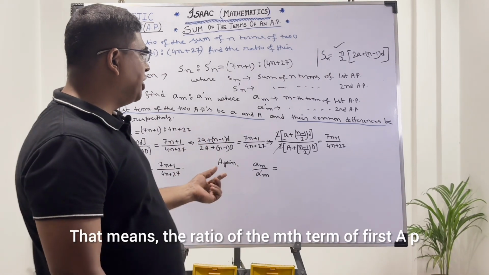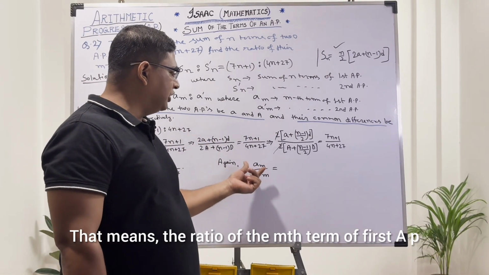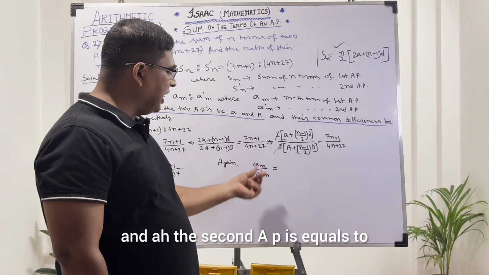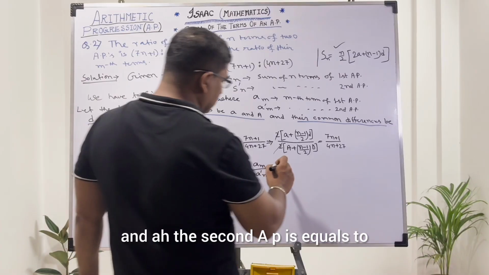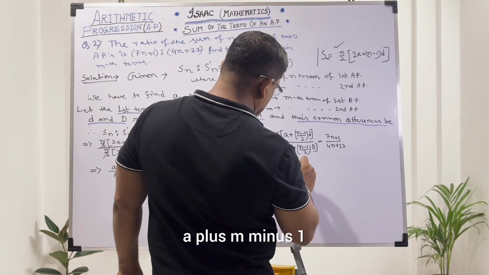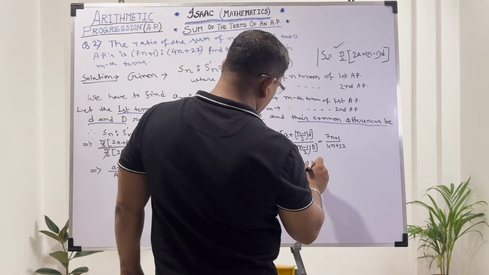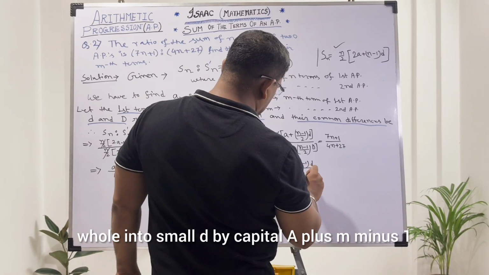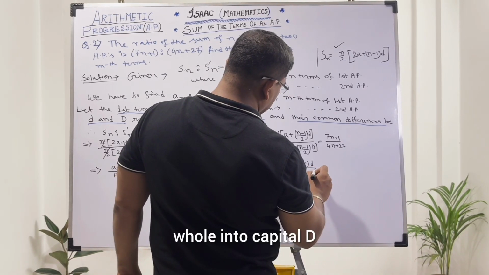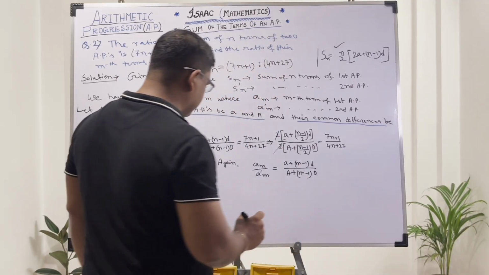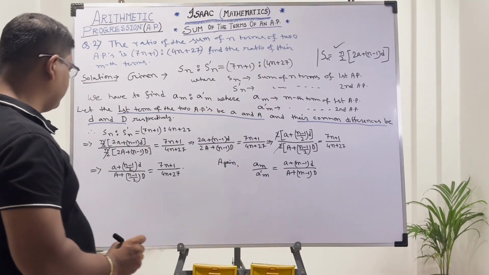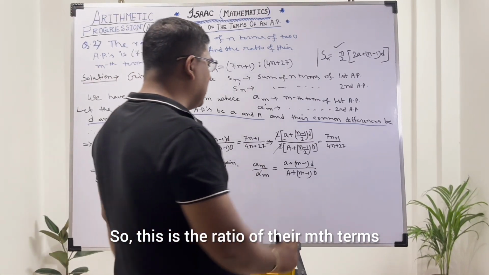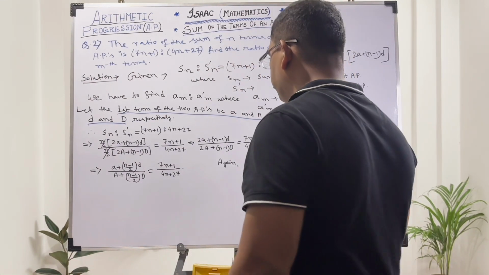That means the ratio of the mth term of first AP and the second AP is equals to a plus m minus 1 whole into small d by capital A plus m minus 1 whole into capital D. Okay, so this is the ratio of their mth terms.